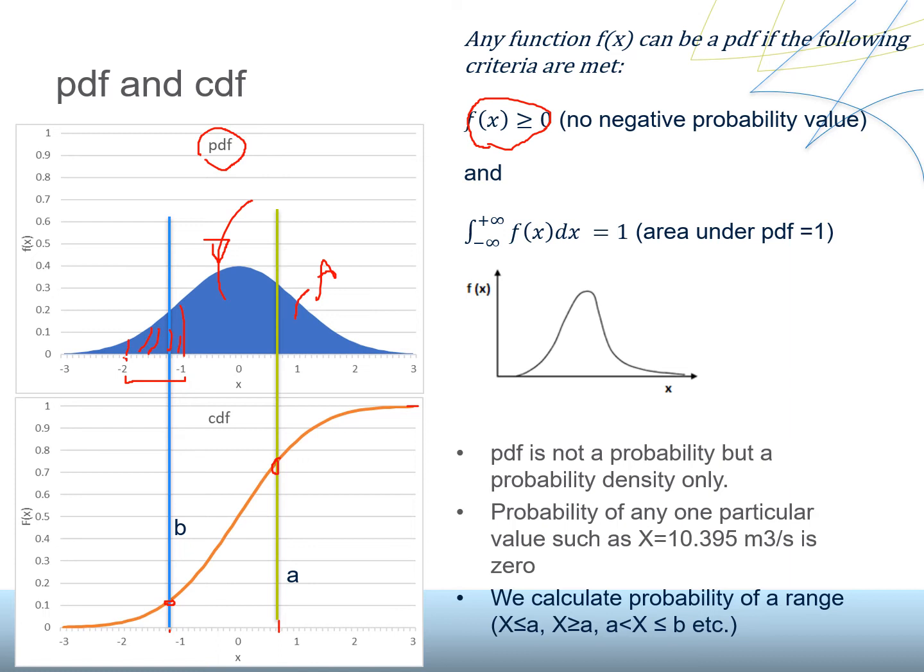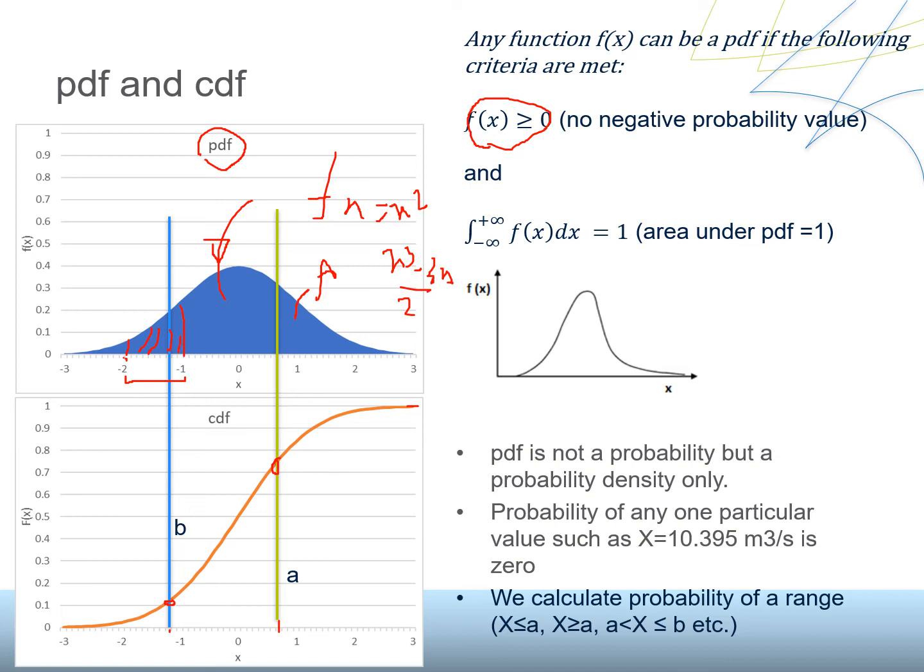So it can be any kind of function: f(x) equals x squared, or f(x) equals (x cubed minus 3x) divided by 2, whatever the function is. If the value of the function is not negative for any value of x, because we know there should be no negative probability, and the area under the curve is 1, then that can be the probability density function.